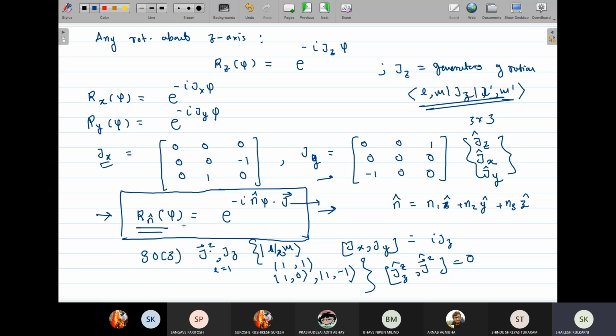This is essentially what is known as group representation theory. There will be precise definitions, but any symmetry operation constitutes a group, okay, and for each group you will have the representations. Representation is the most general thing.